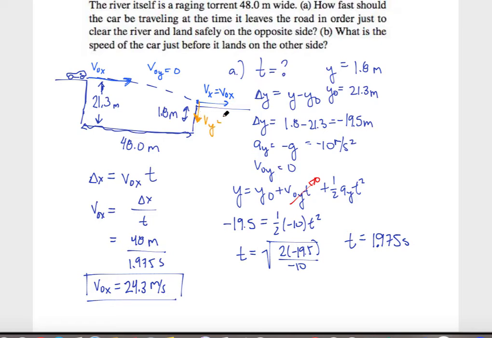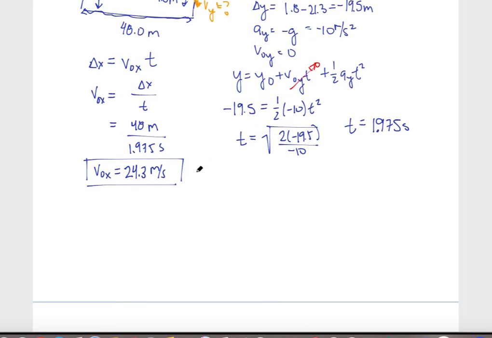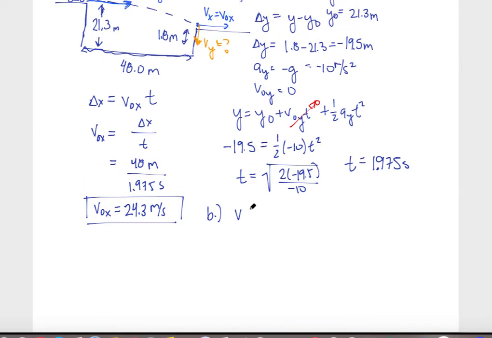So v y has to come from somewhere. It will just come from a different equation. Now I can use either the first kinematic equation or the third kinematic equation. So I could use v equals v naught plus a t in the y direction. So all of these will get a y subscript. And I'll know that v naught y is 0.